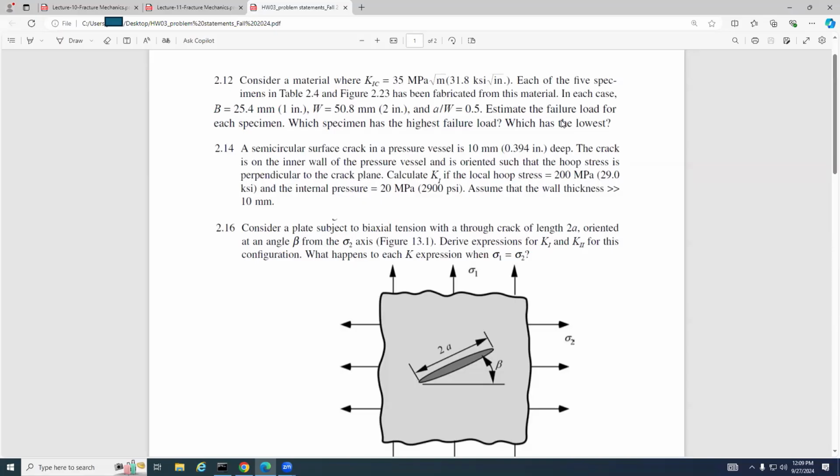So for this one we use a disk equation. Use the principle of superposition.